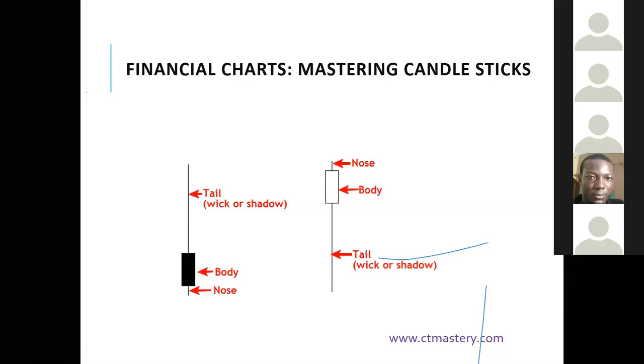The bears came in and drove the price down to this point. Now, for some reason, the bulls felt like, we're going to win this fight, and the bulls came back and drove the price back up, and the price left at this point. So in this case, for this candlestick pattern, we say that the bulls are in charge of this market. These are the stories that the candlestick pattern is telling us.